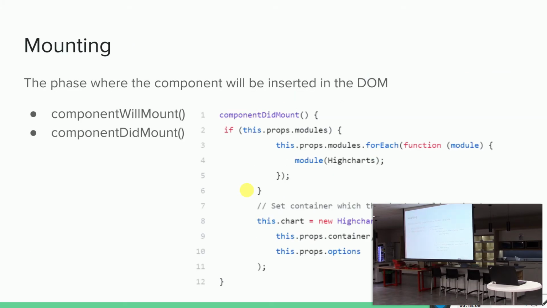No questions. Mounting. Everyone knows mounting, right? So this is component will mount. Mounting is about to happen. As the name suggests, this is the method componentWillMount. At this point of time, it says that I'm just about to mount. Do you want to do something?